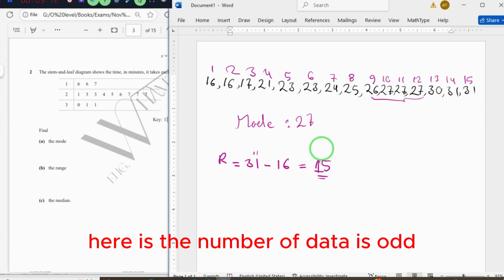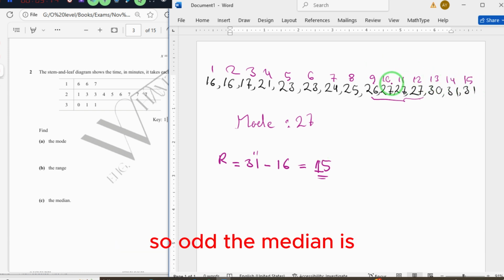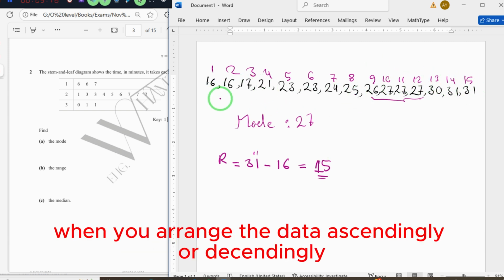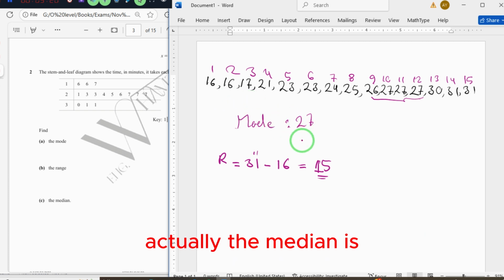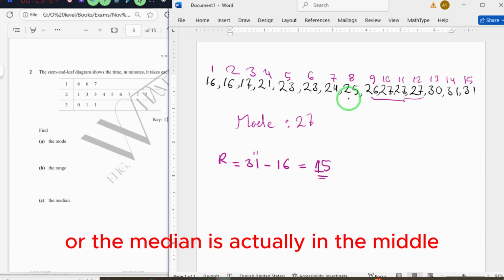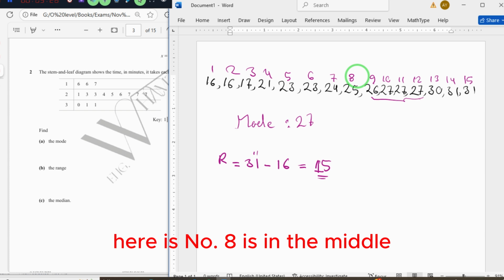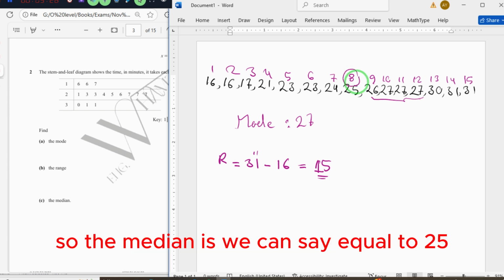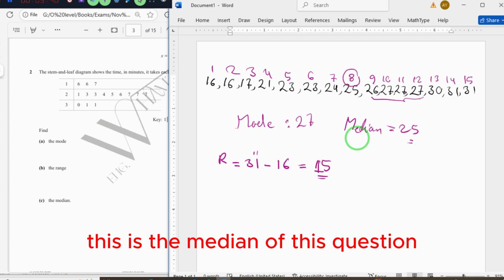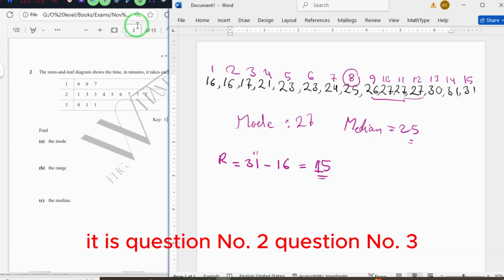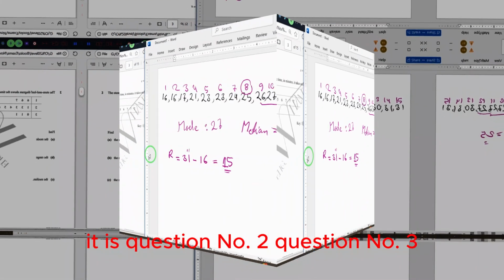The number of data is odd, so when you arrange the data in order, the median is the middle value. Here number 8 is in the middle, so the median is 25. This is the median, and that is question number 2.